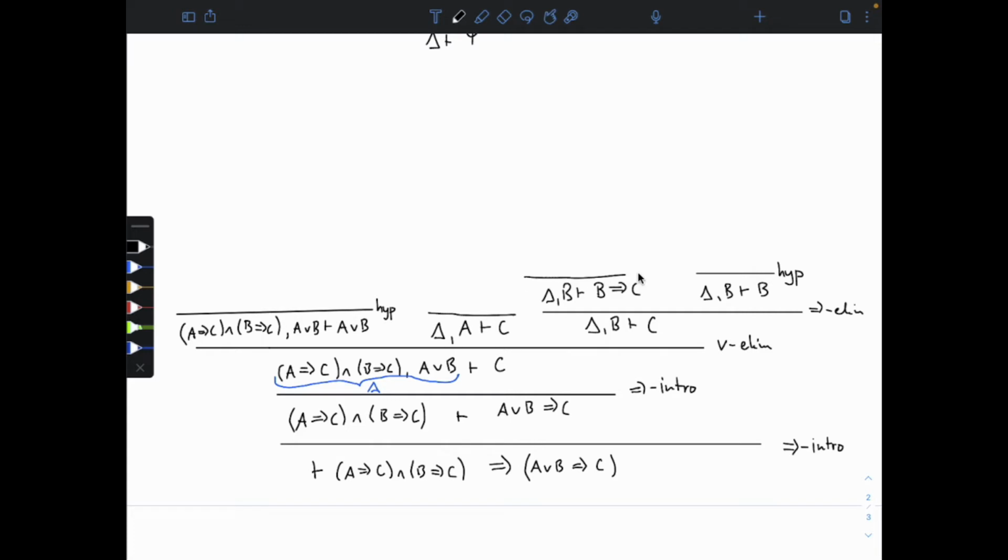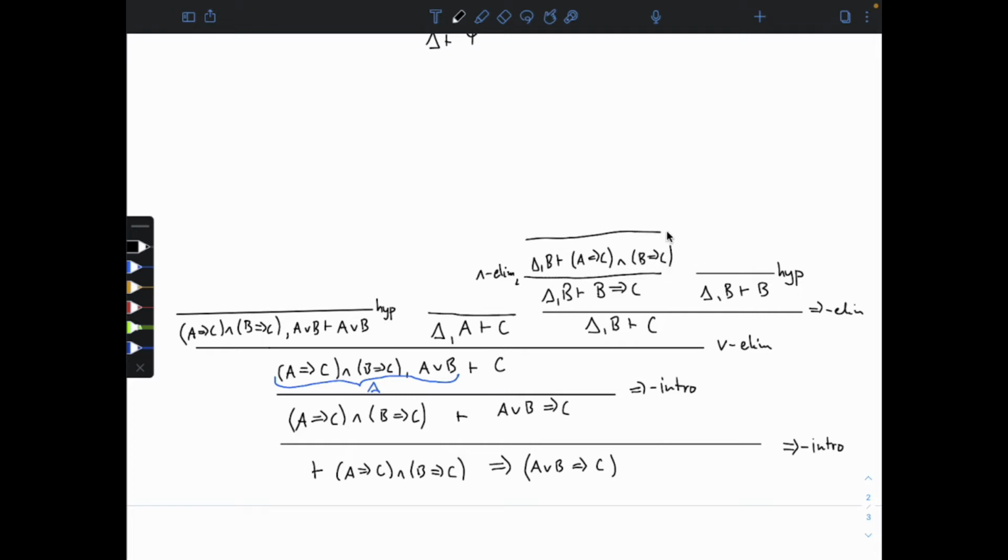How about this one? Where will I get B implies C? Remember what delta is. It's in here, see? So how can I get B implies C? It's and elim 2. Because I can get it from A implies C and B implies C, right?